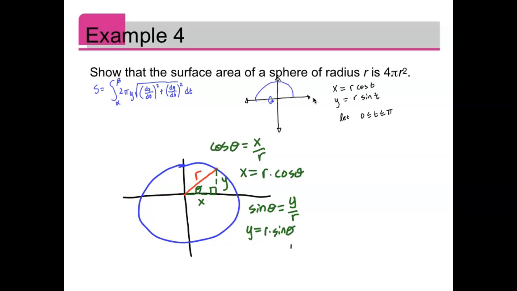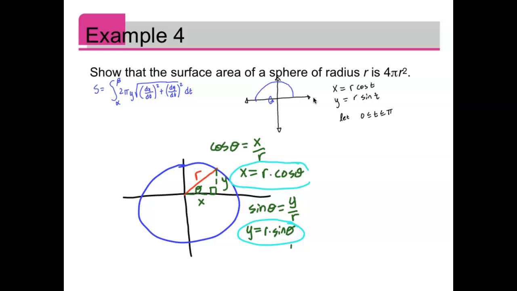You've got a pair of parametric equations where theta is our parameter. x equals r cosine theta, y equals r sine theta. And so here I'm just replacing the theta with a t. That part doesn't matter. But that's where the parametric equations of any circle come from.